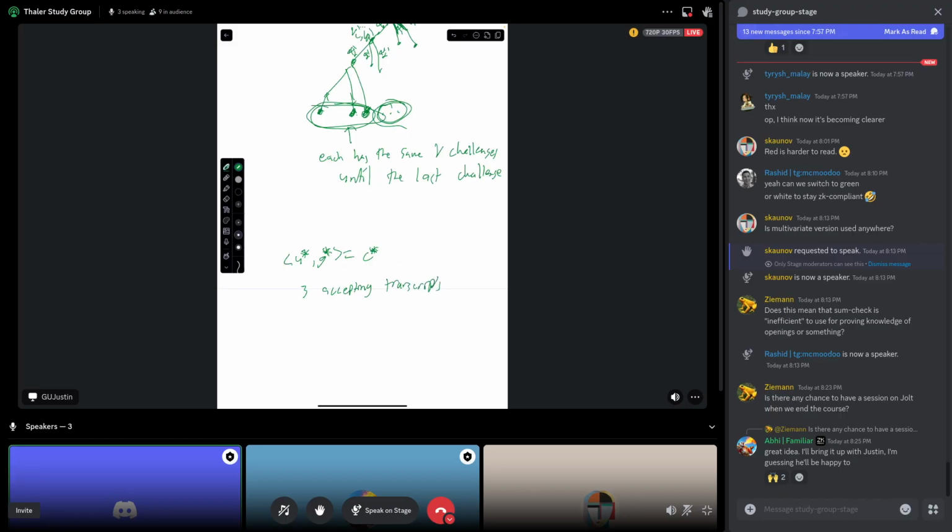This is a claim in the final round of a run of Bulletproofs. If I give you 3 accepting transcripts, each with different verifier challenges, it turns out through some simple linear algebra, I can actually solve for U star.